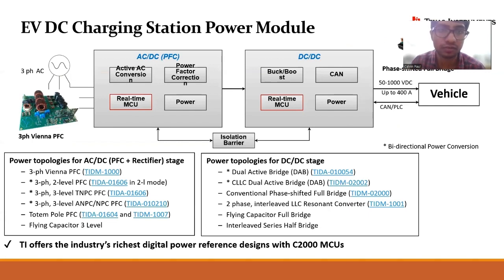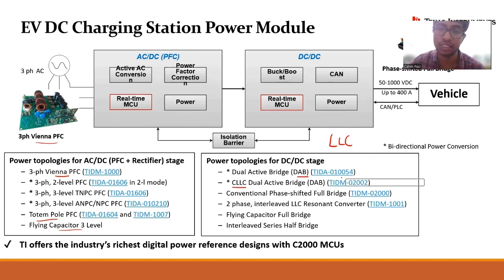Similarly, there are various topologies for the AC-DC stage. You can have a Vienna PFC, which is shown here. You can have a totem pole PFC, flying capacitor 3-level, etc. For DC-DC, we can use the normal LLC, or a CLLC, or a dual active bridge converter.